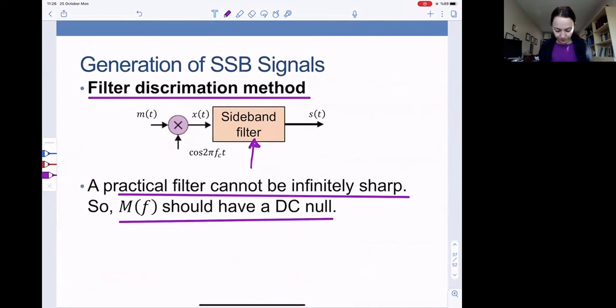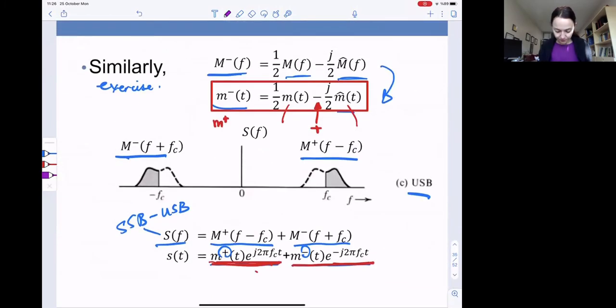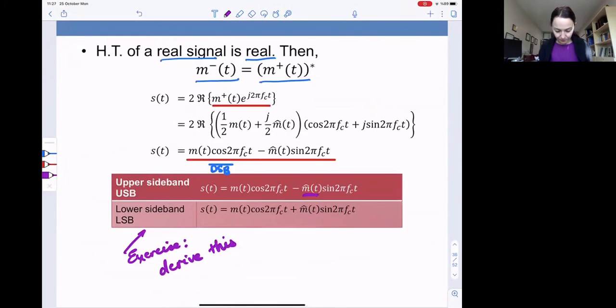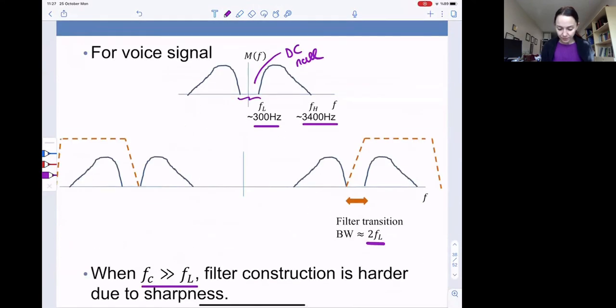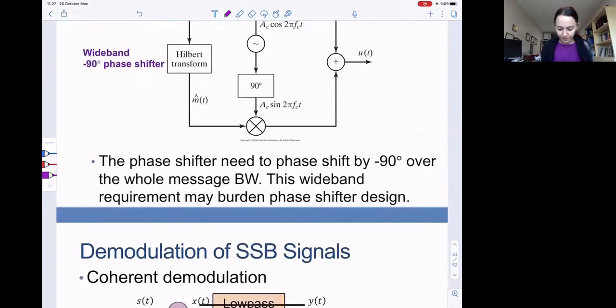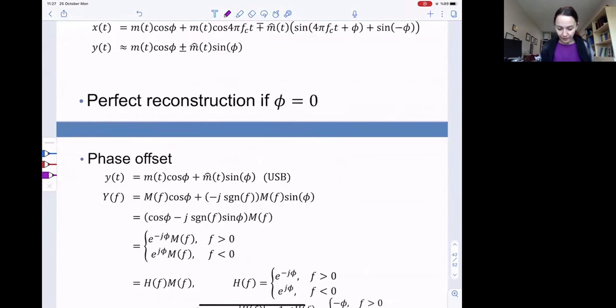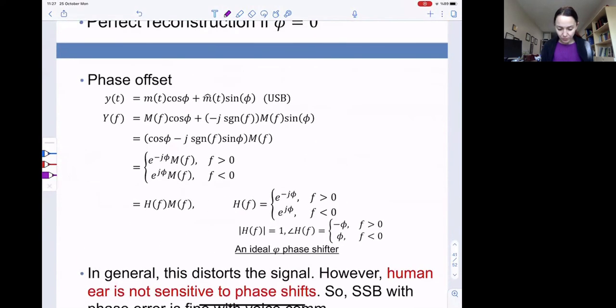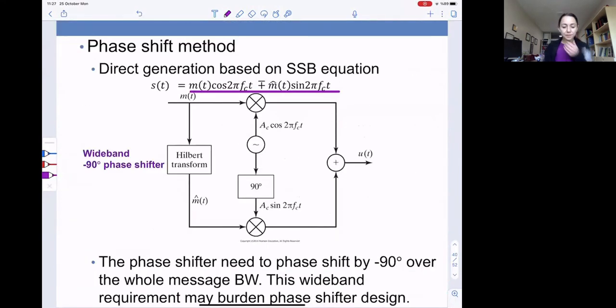Let's see. The one with a minus here is the upper sideband one.